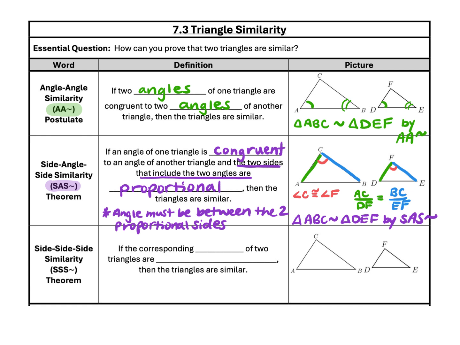There's one more way that we can prove triangles are similar, and that's the side-side-side similarity theorem. We'll abbreviate this as SSS similarity. This theorem tells us if the corresponding sides of two triangles are proportional, then the triangles are similar.